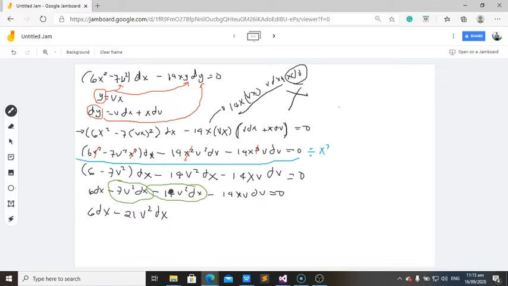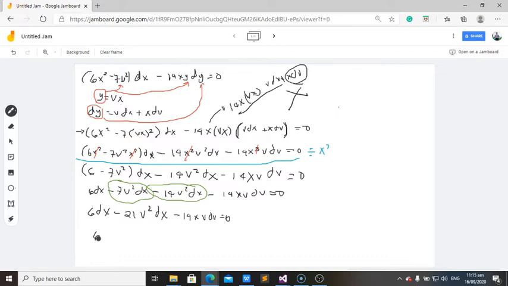So i-add ra nato na kay pareha raman sila, di ba? So minus 14xv dv equals 0.